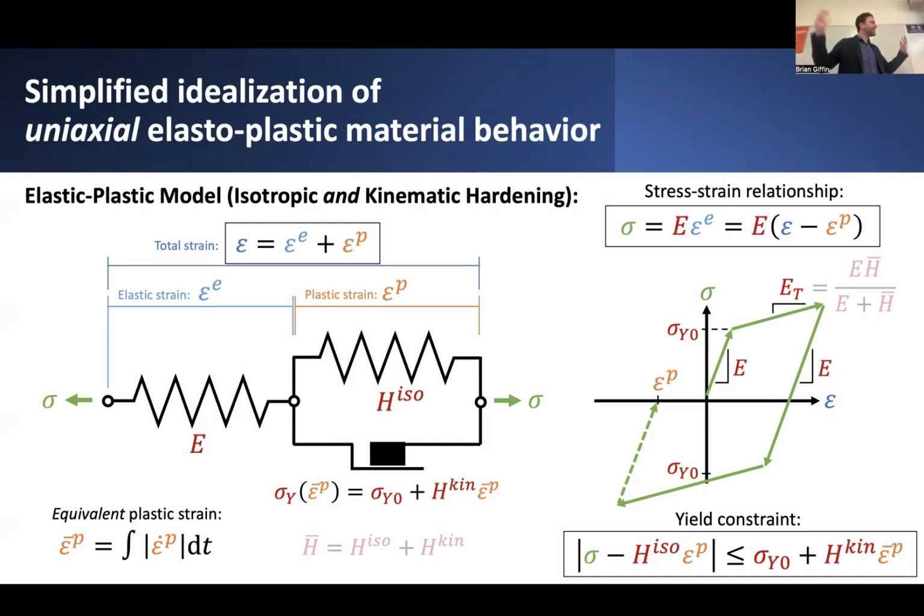It's equivalent to supposing that this slider is like a block sliding on a rigid surface that has some frictional resistance, and it won't slide at all if it doesn't have some critical sliding force applied to it. But past a certain critical force threshold, then it starts to slide.